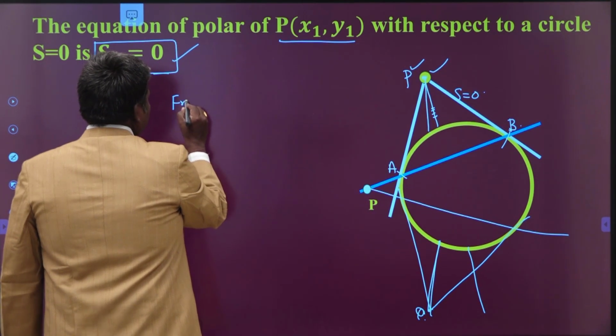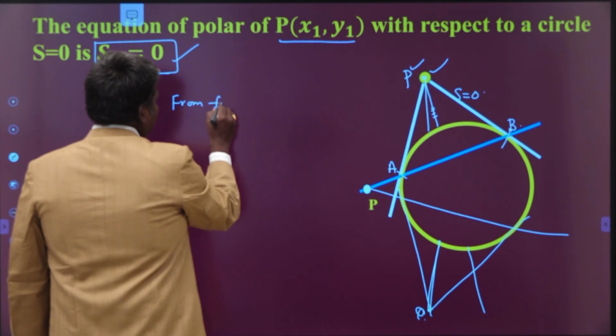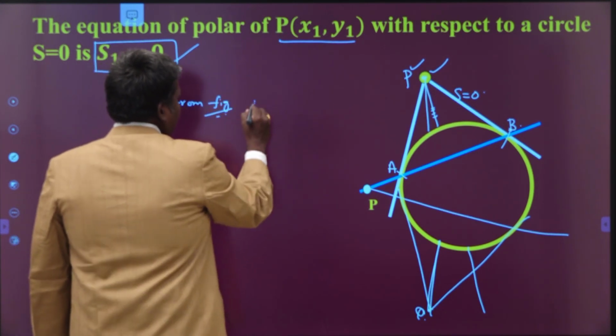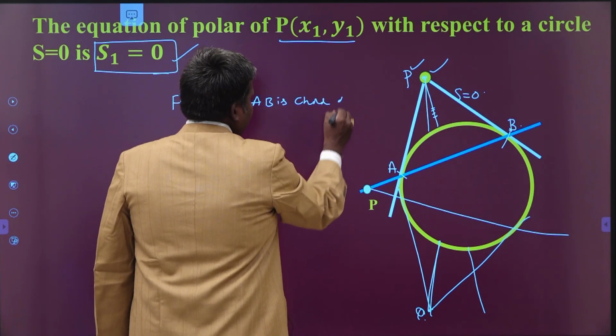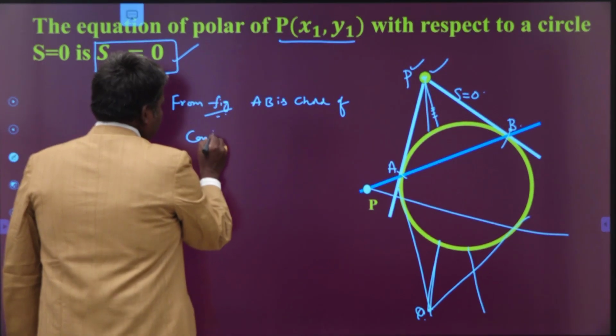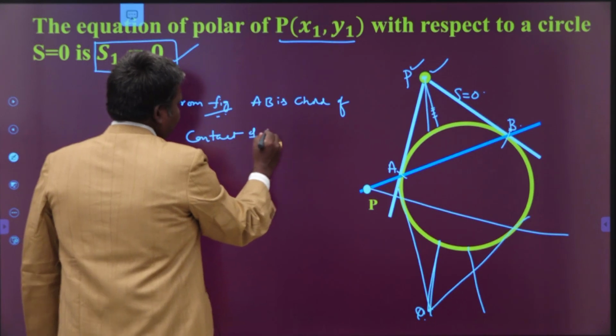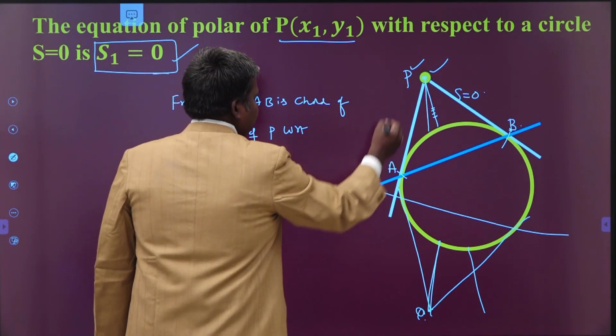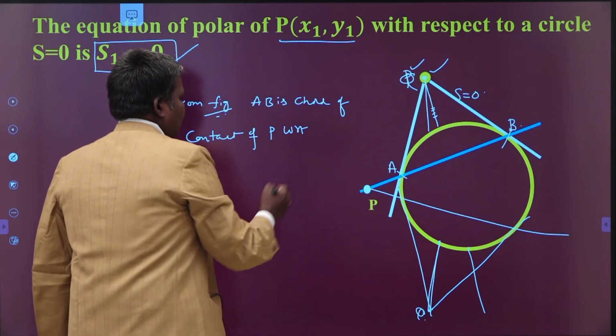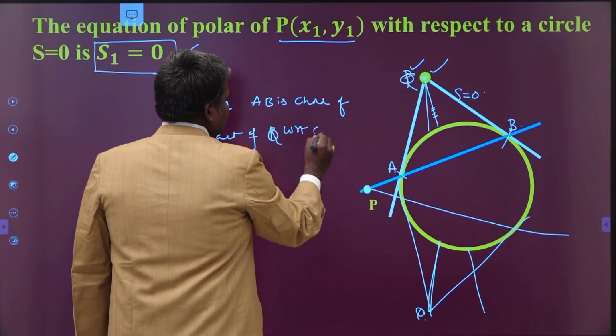From the figure, AB is the chord of contact of Q with respect to the circle.